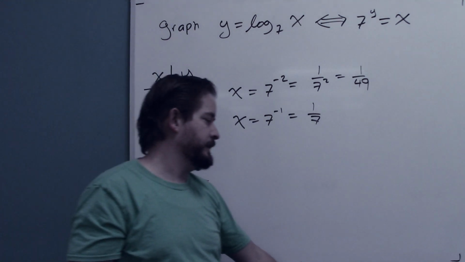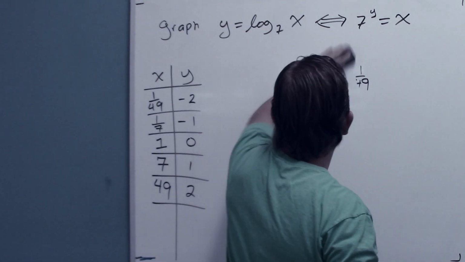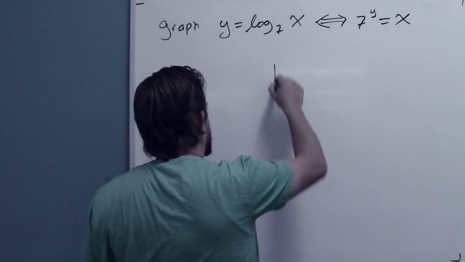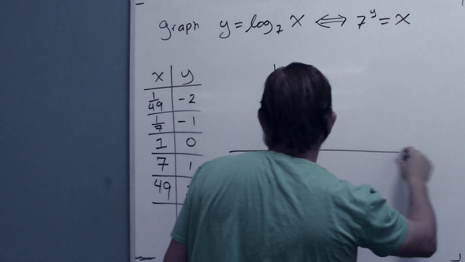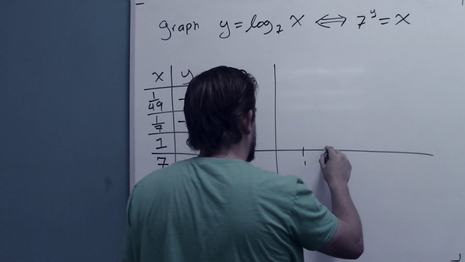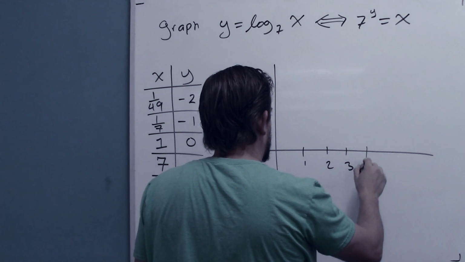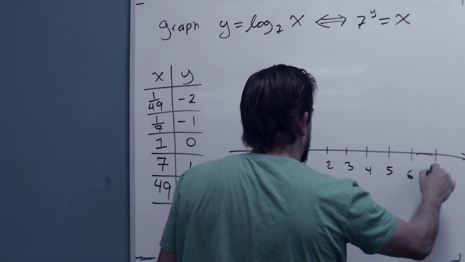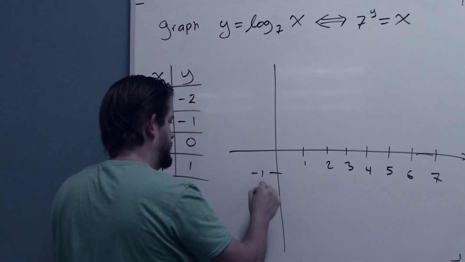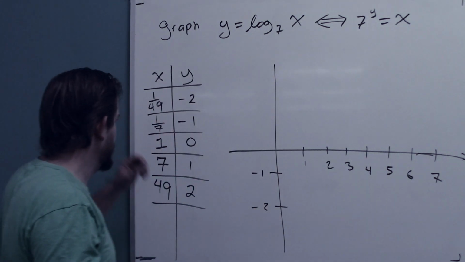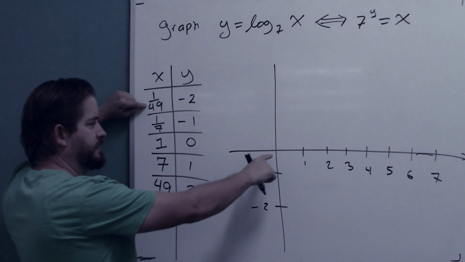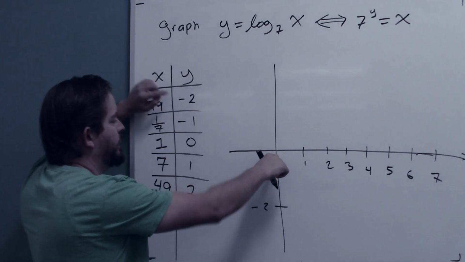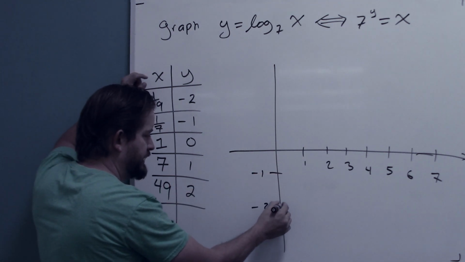So I can graph this. So I have some points. X is 1 over 49, so very close to 0, when y is -2, so we'll just say it's maybe there.